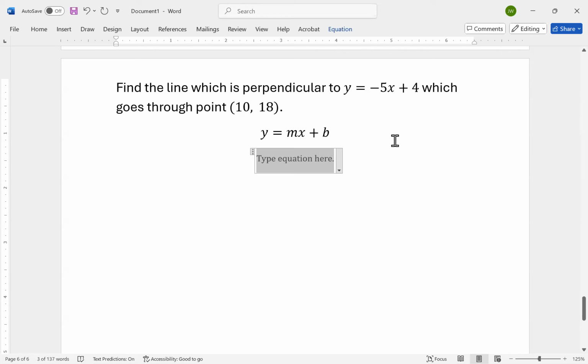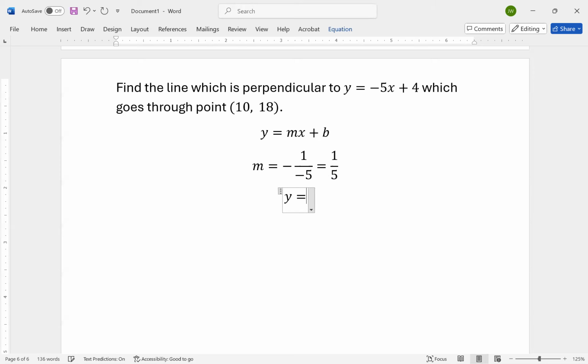So I always write y equals mx plus b. I'm saying my slope has to be the negative reciprocal of negative 5. That's like negative 1 over negative 5, which is a positive 1/5. So my slope should be a positive 1/5.